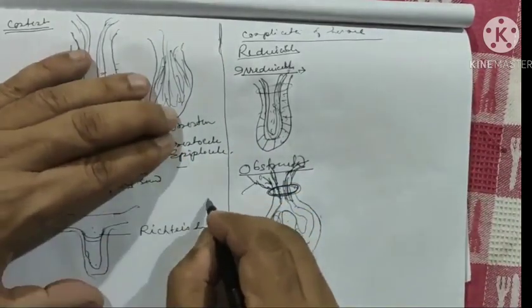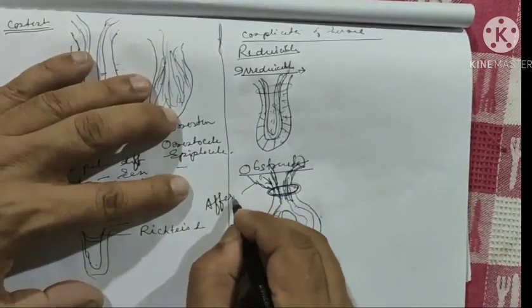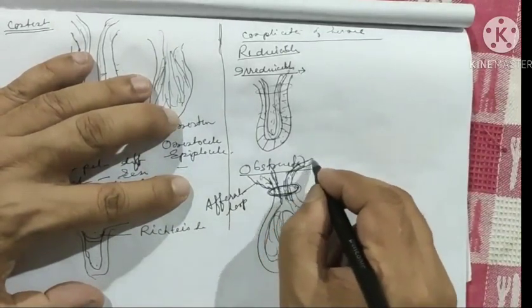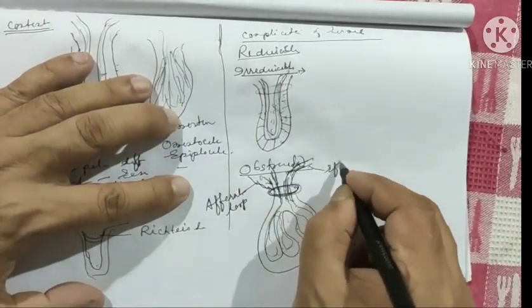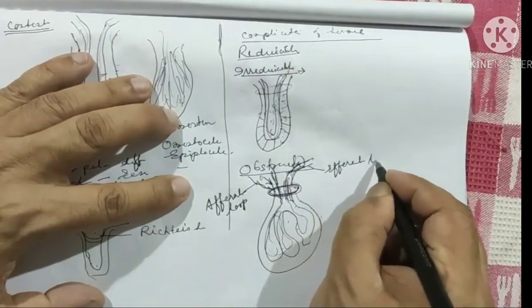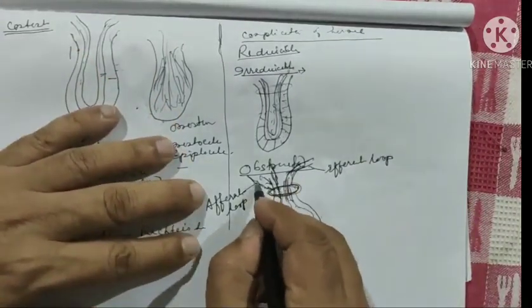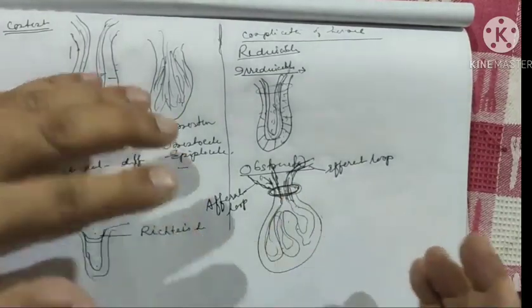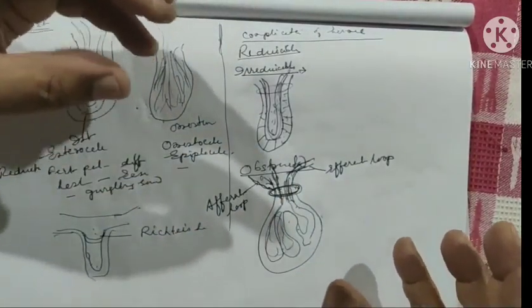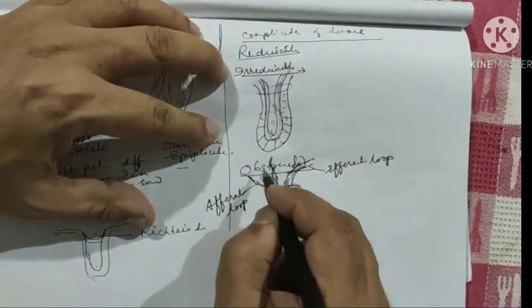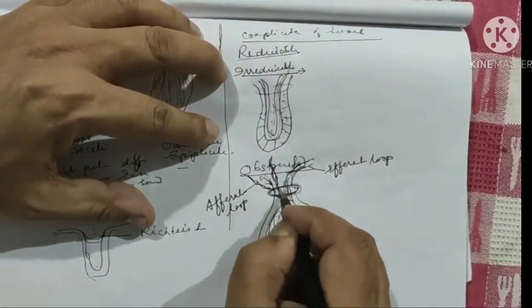This is the afferent loop, and this will be the efferent loop. So this proximal part will be gradually distended because of the residual content. This content of the intestine will be unable to pass.